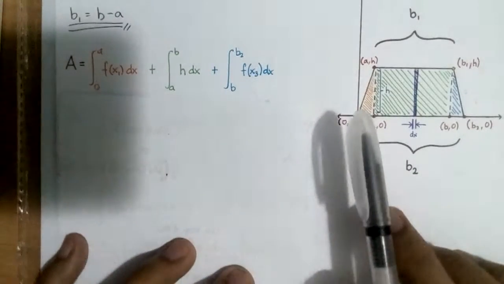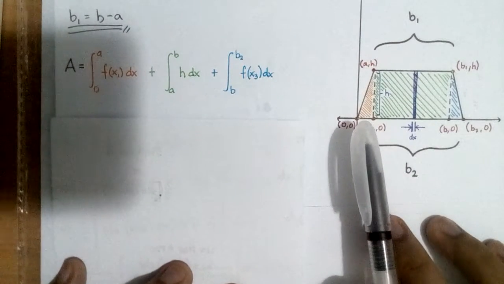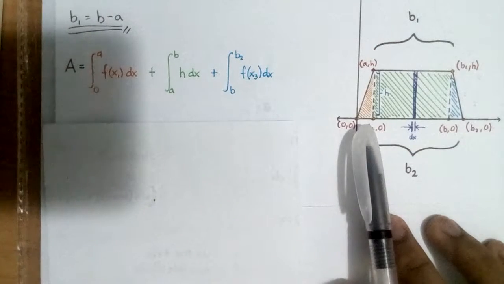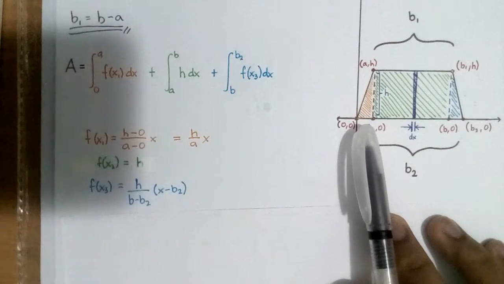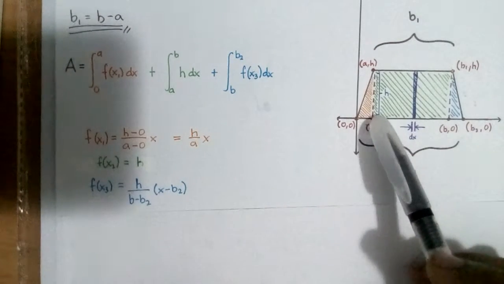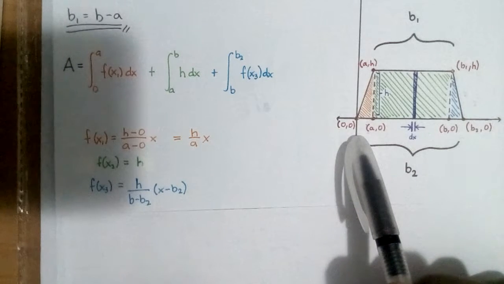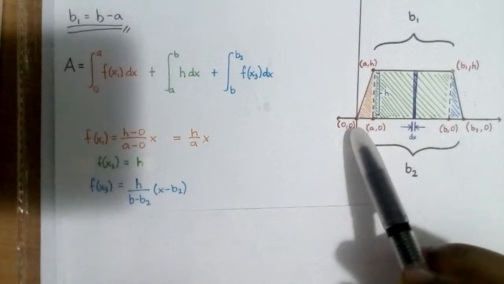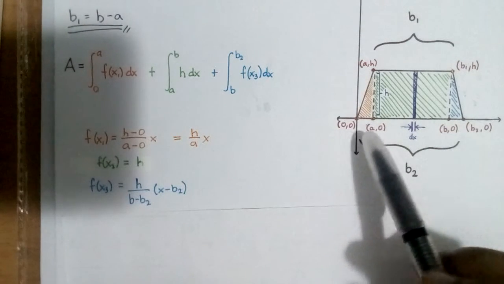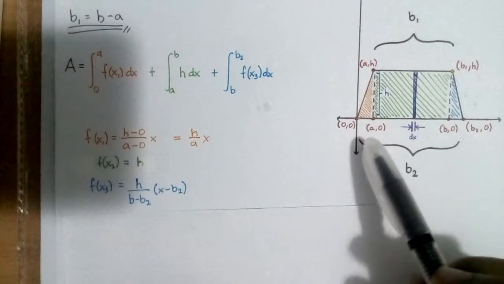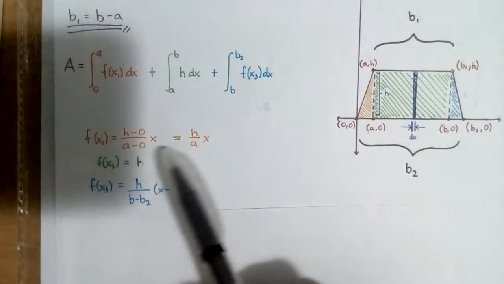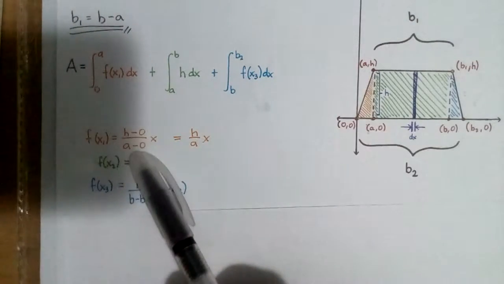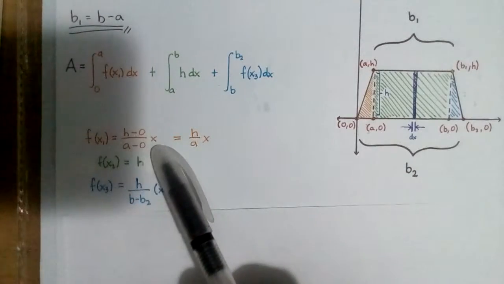Once we have that out of the way, we find the values or the equations for each area as such. For our orange area, we need to use our point slope formula, y equals mx plus b. But since our y-intercept is 0 and as such our b is equal to 0, we only need to find the slope in terms of x.